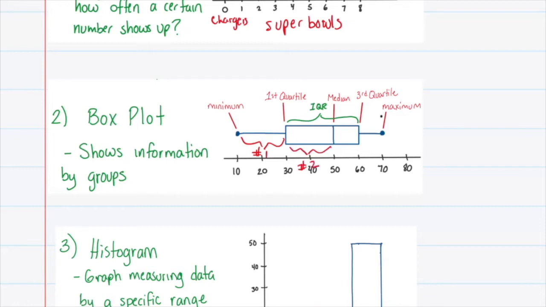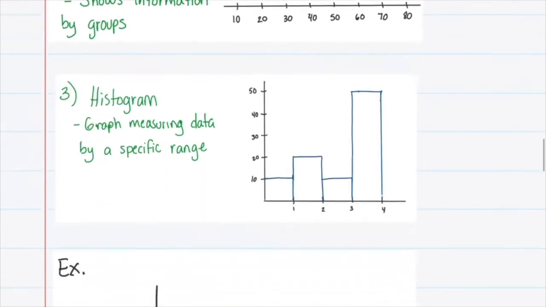Piece number one is all of this area. Piece number two is this little box. Piece number three is this little box, and piece number four is this little area. Think about everything being split evenly into four different areas. We'll go over the vocabulary later on.